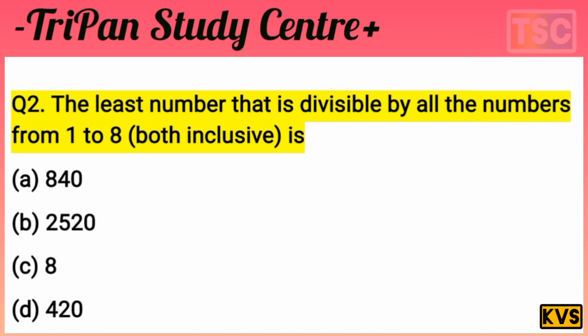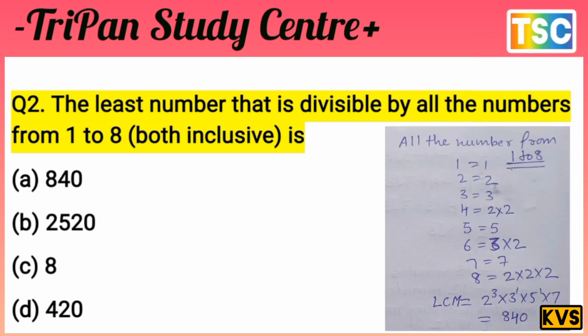It is the same question, but 1 to 8 instead of 1 to 5. Take the LCM here. 1 is equal to 1, 2 is equal to 2, 3 is equal to 3, 4 is equal to 2 into 2, 5 is equal to 5, 6 is equal to 2 into 3, 7 is equal to 7 only, and 8 is equal to 2 into 2 into 2.